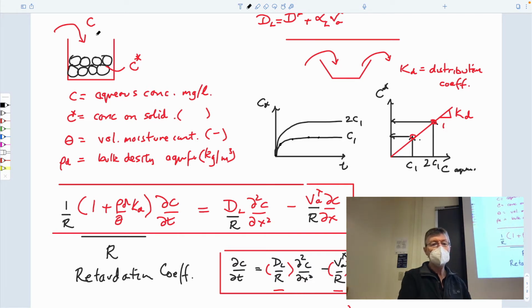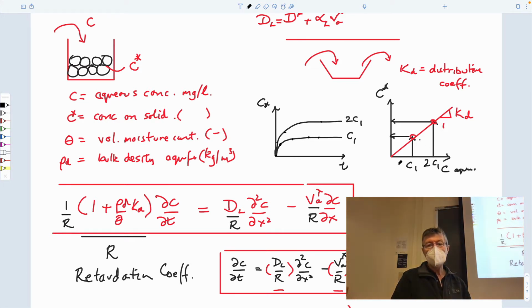So this is if you introduce fluid at some concentration C1, it will go to some equivalent C star. If you double that concentration, you'll go through the same process. You'll reach some kind of equilibrium. And actually this concentration, if it's a Langmuir linear isotherm, then it will be double that magnitude.